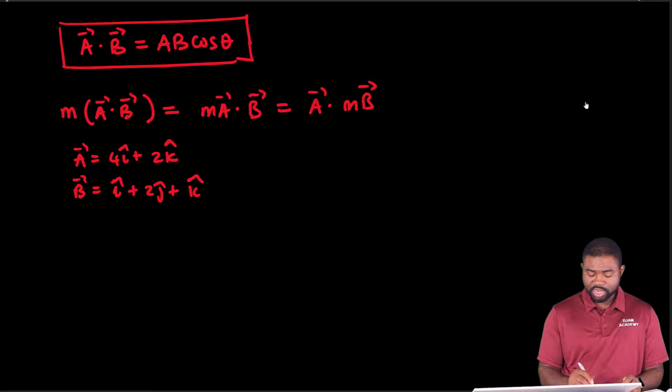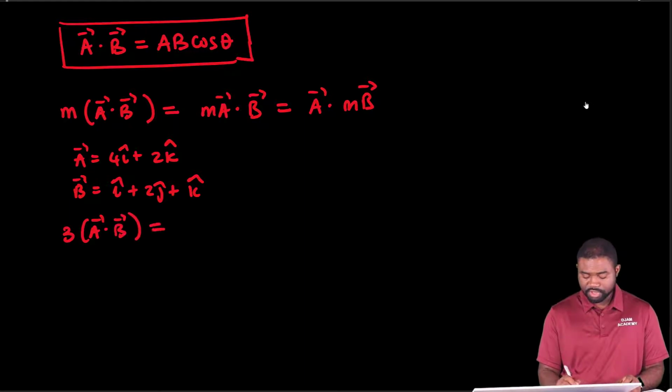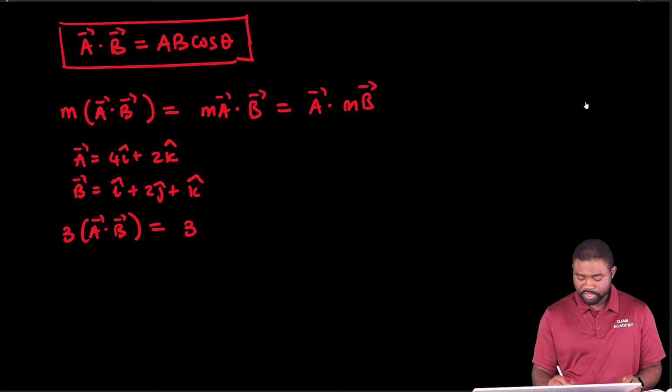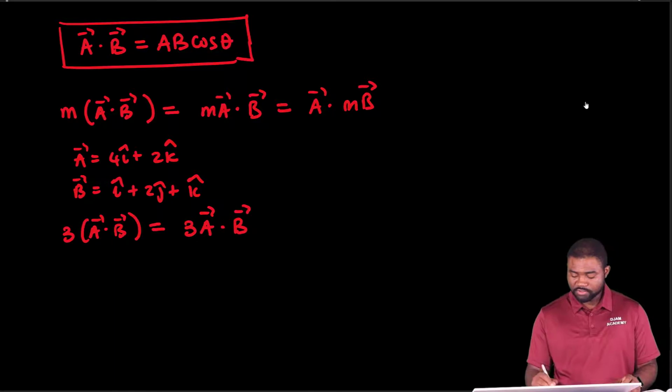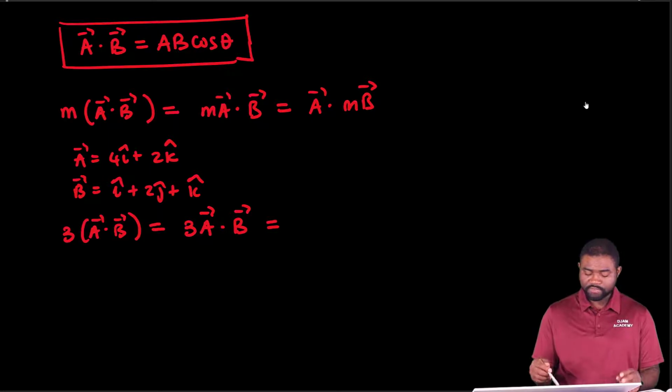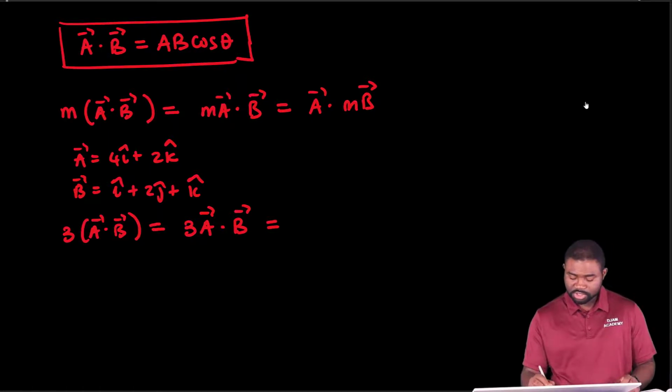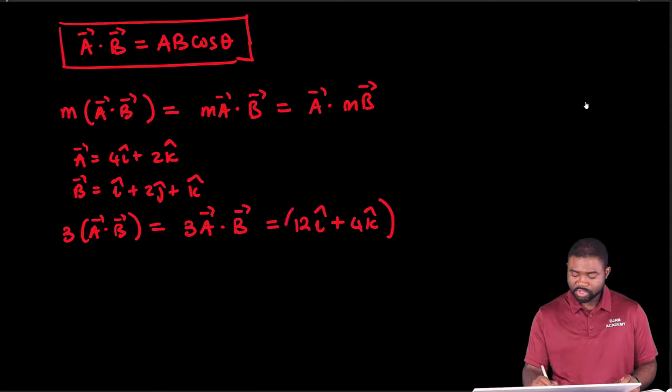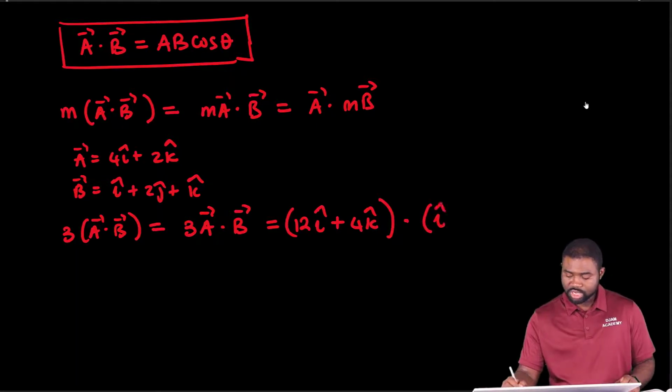Now we have been asked to calculate, for example, 3A dot B. You can still represent this as 3A dot B. Now what is 3A dot B? 3A, you're going to multiply every term in A by 3. So this is just going to be equal to 12i plus 4k, and we will dot it with B, which is i plus 2j plus k.